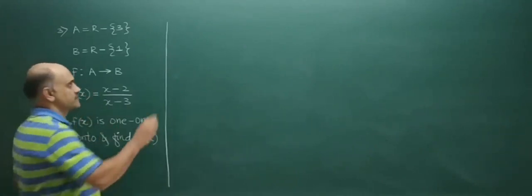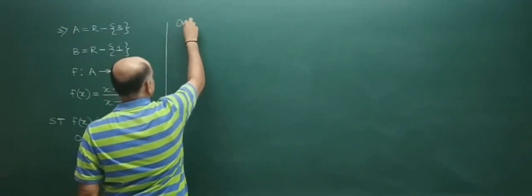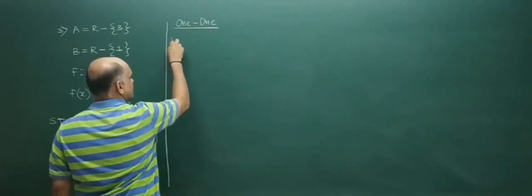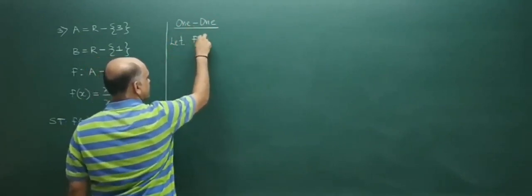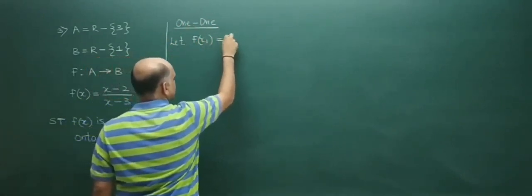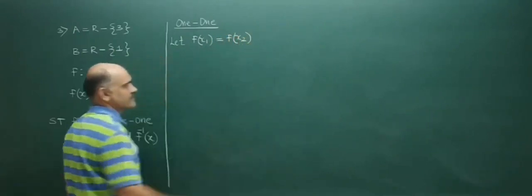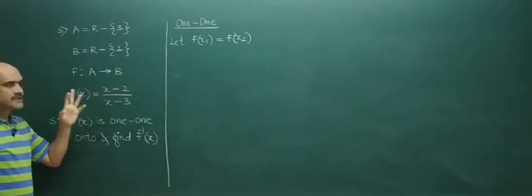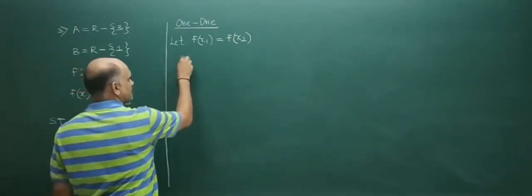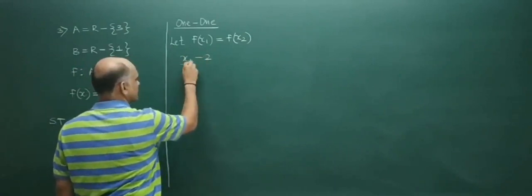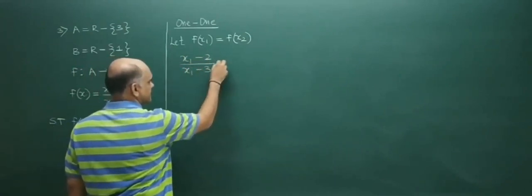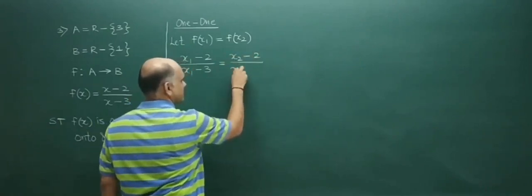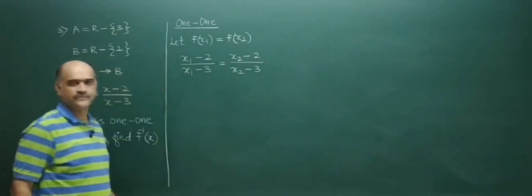So again I will take first 1-1. Let f of x1 is equal to f of x2. Now I will substitute in this expression. So I will have x1 minus 2 divided by x1 minus 3 is equal to x2 minus 2 divided by x2 minus 3.